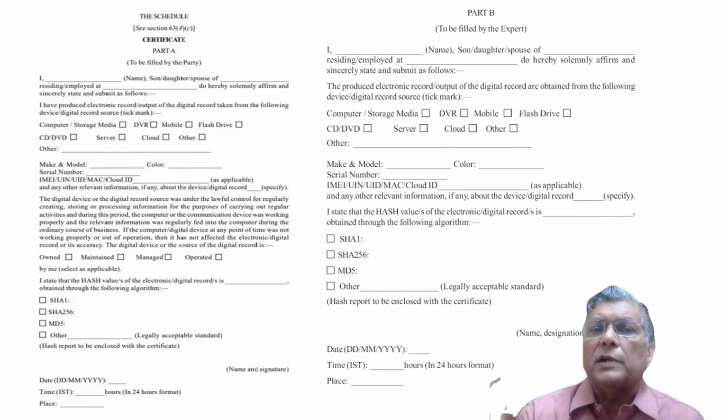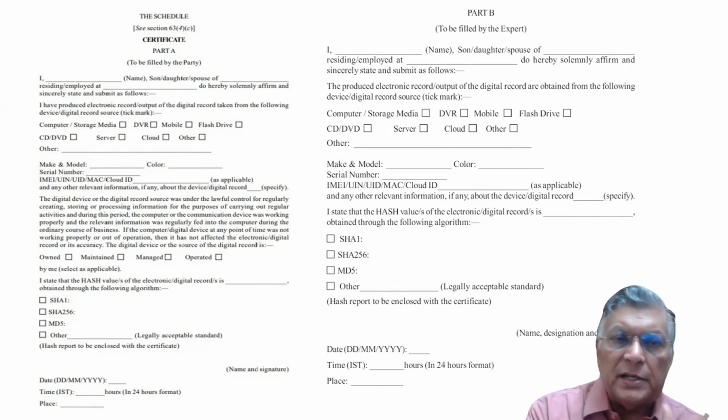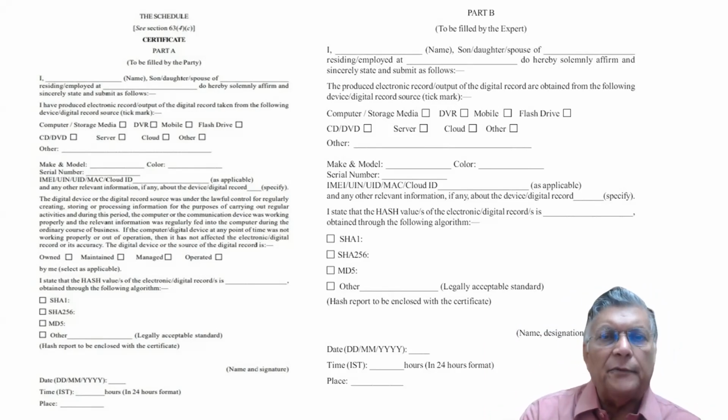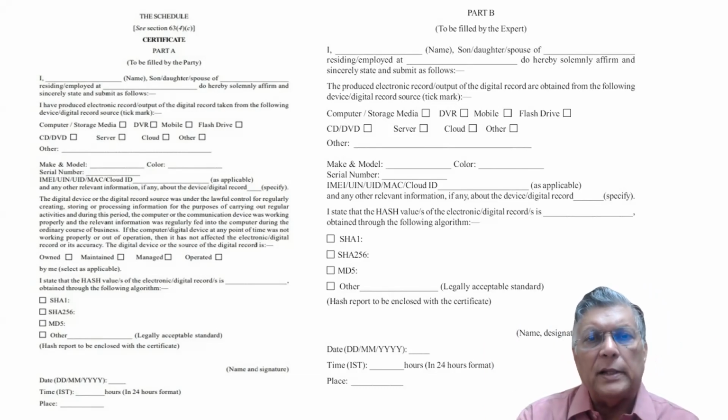Similarly, the computer identity, I have to go to the device details and capture that straight away. Instead of my typing this computer belongs to so and so, I normally go there and check that. If it is a mobile, then we look at the IMEI number, we enter the code and get the IMEI number and capture the screenshot as it is.